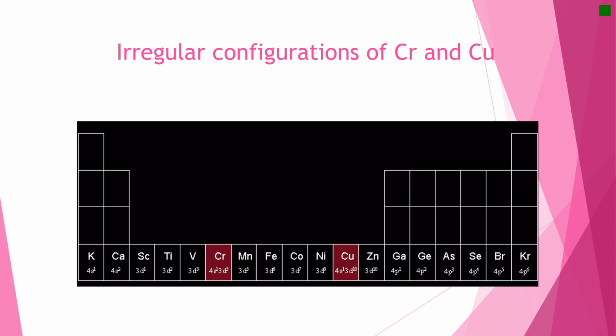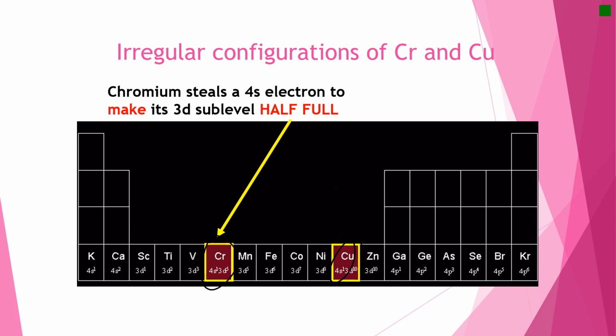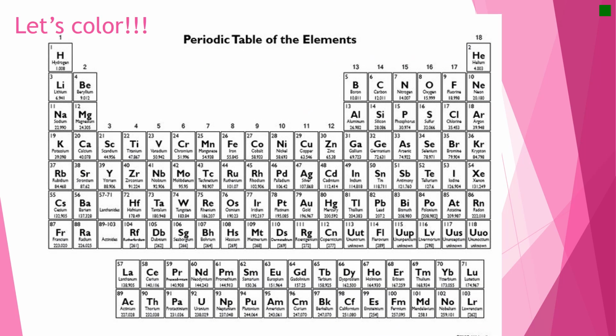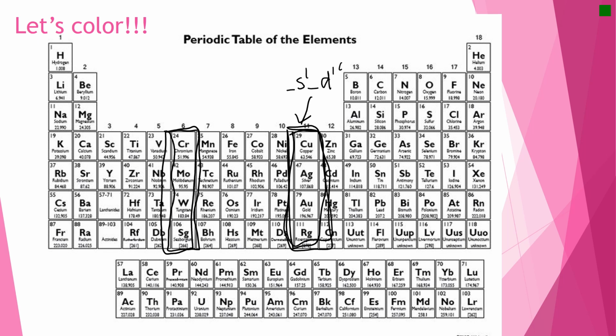So what I want you guys to do, and it's these guys, is on your columns in your colored periodic table that you just did, box out this one and box out this one, do a better job than I just did, and label them as blank s1 blank d10 and blank s1 blank d5. What that blank means is whatever row you're on.